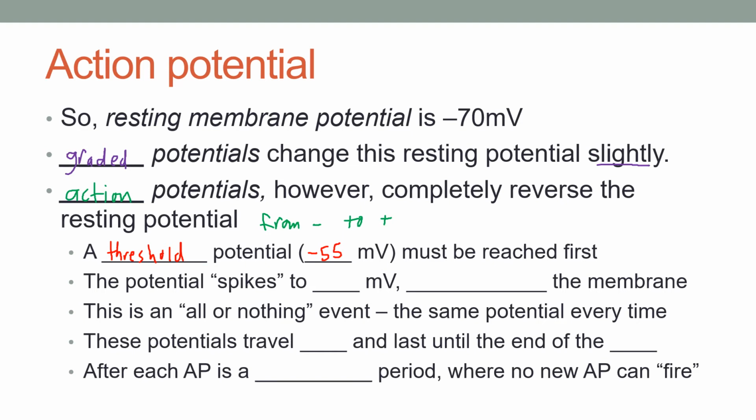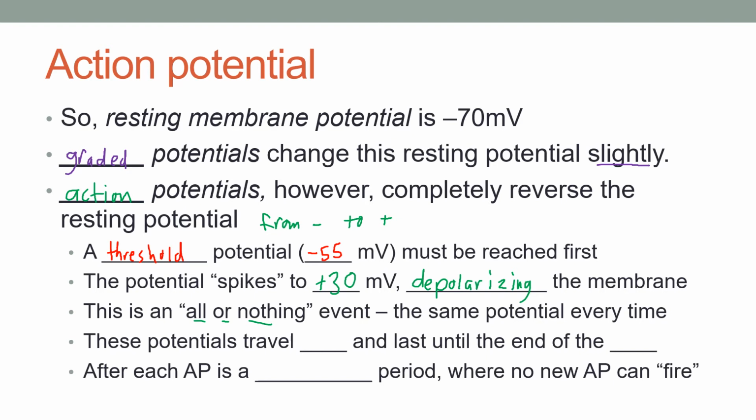Then the potential immediately spikes to plus 30 millivolts, which depolarizes the membrane. This is an all or nothing event, okay? So you're going to get that same plus 30 every time, or nothing will happen.